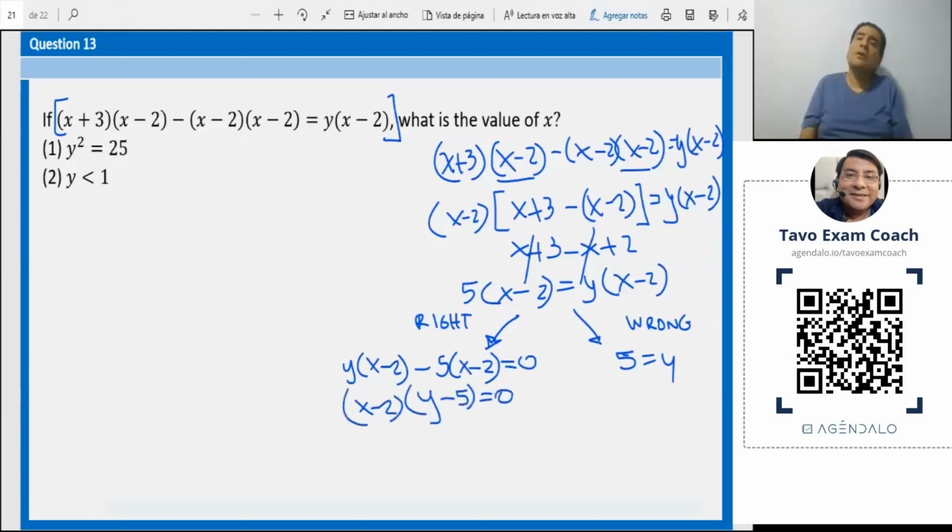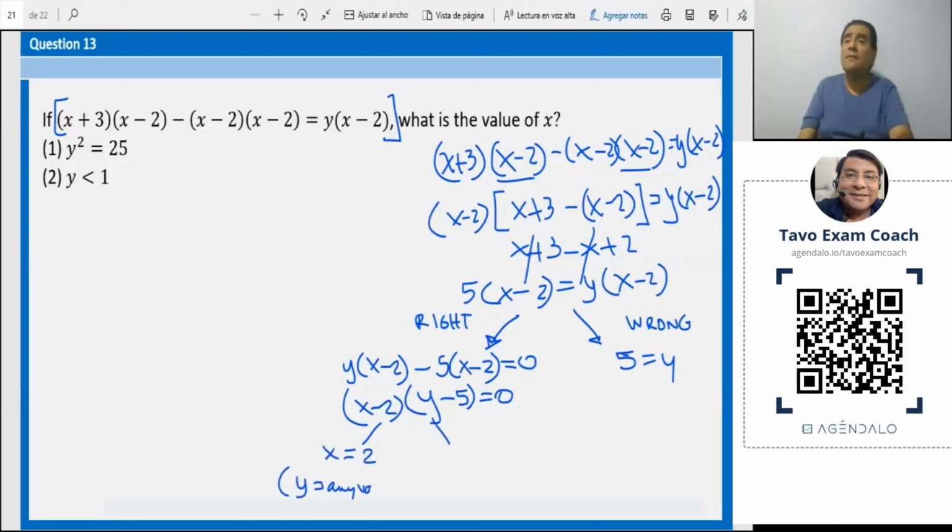It's truly interesting because for a product of two algebraic expressions to be 0, each of them might be 0. That means x − 2 could be 0, which would mean x = 2, but that would carry the implication that y could be any value.